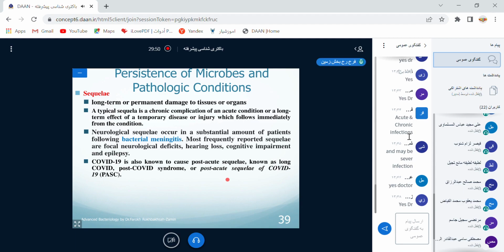After acute infection, many problems to the tissues of the lung, kidney, and heart happen after COVID-19 in many patients, known as long COVID, post-COVID syndrome, or post-acute sequelae of COVID-19, PASC. So now we understand what the meaning of sequelae is.